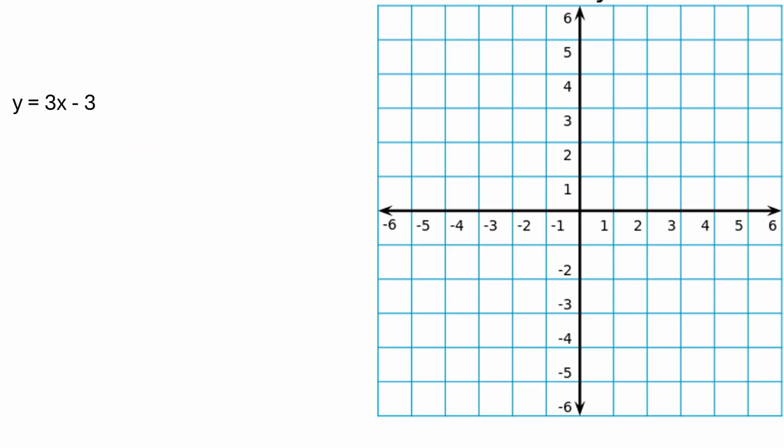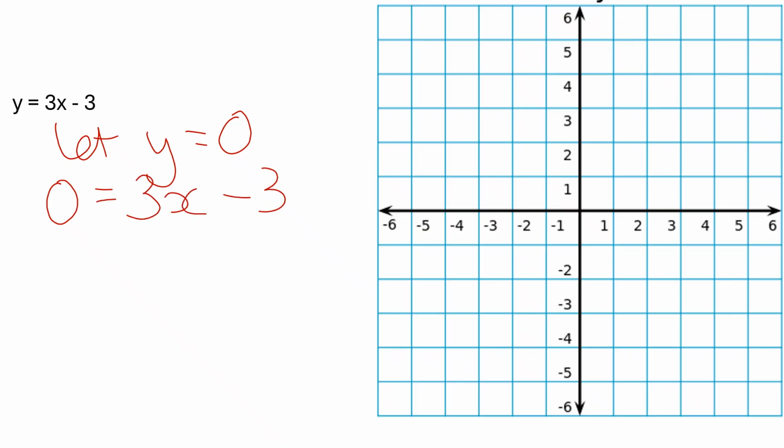So let's practice this a little bit. We want to find our x-intercept. So we say let y equal 0. 0 equals 3x minus 3. We add 3 to both sides.